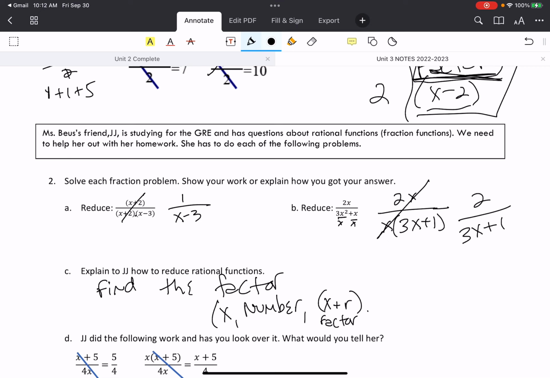A factor, find the factor, and cancel. Just like we did with the numbers up top, right? But this time our factors, the big point is that they can literally be parentheses factors, okay?